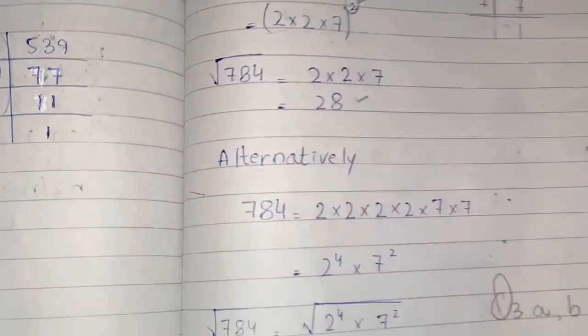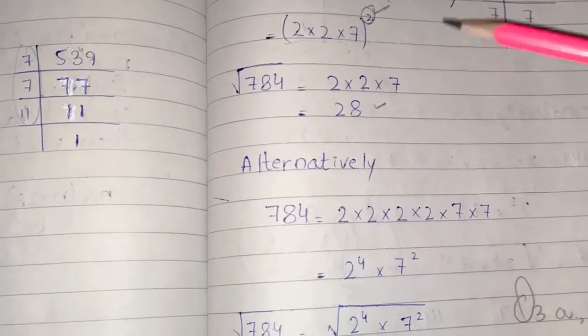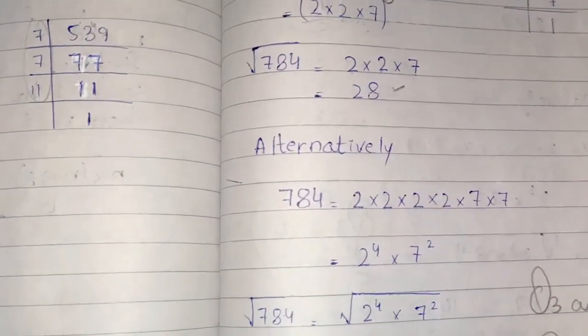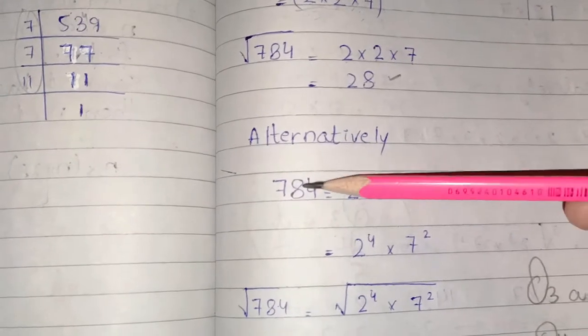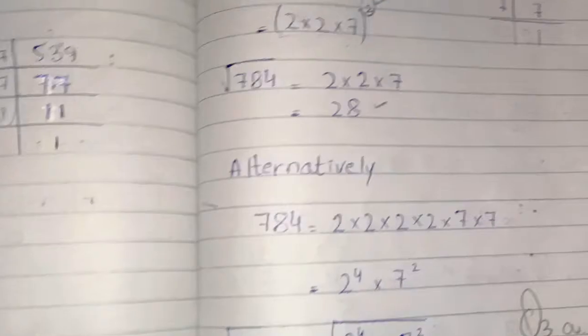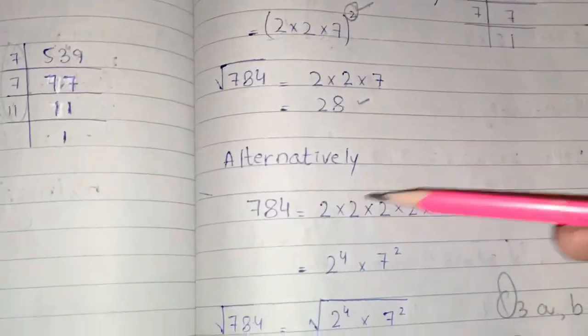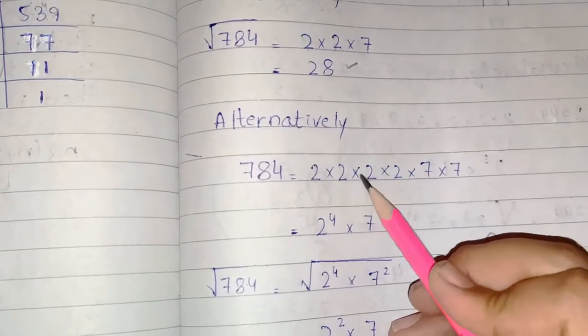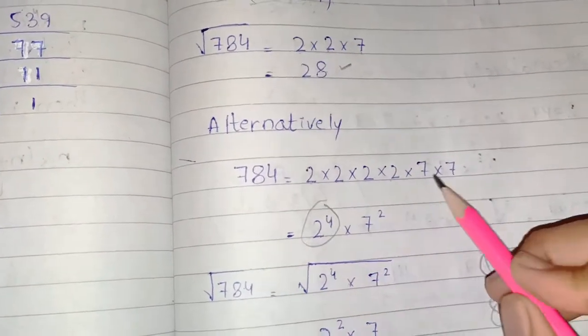Now we have the alternative method to solve this. So let's see what the alternative method is. In the alternative method we simply write 784 in pairs like this. After writing these pairs we write 1, 2, 3, 4, 1, 2.